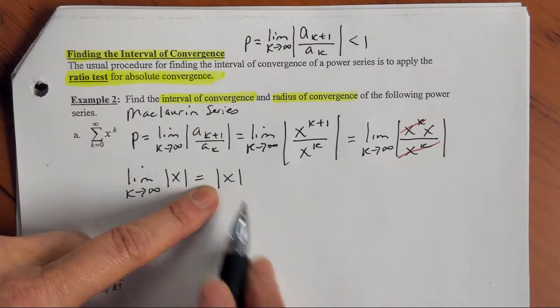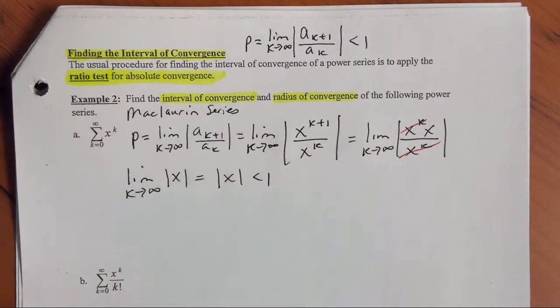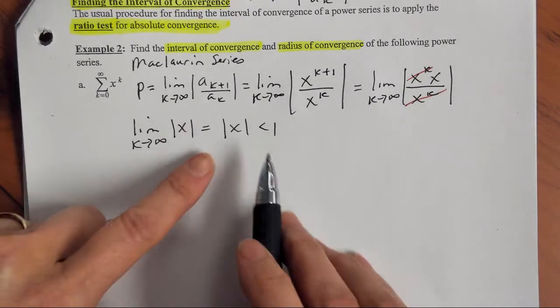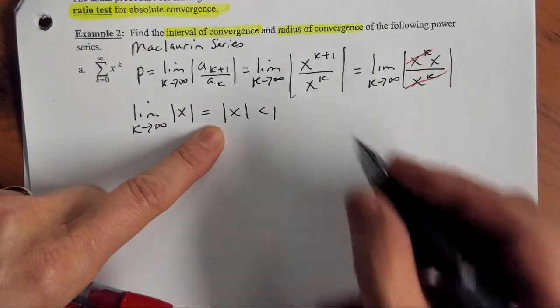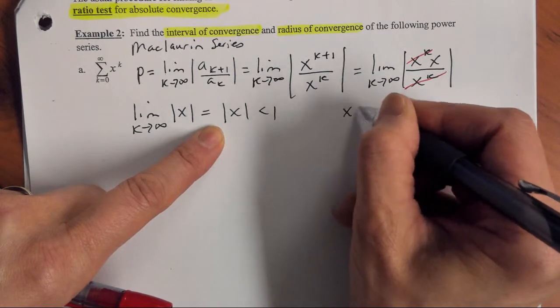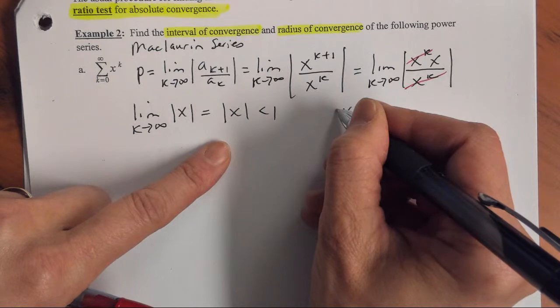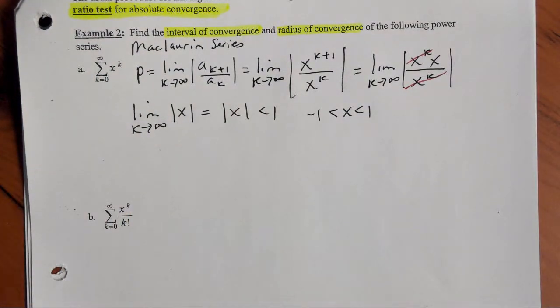How do I force this to converge? Make it what? Yes, less than 1. Okay, so I make it less than 1, and then at this point I'm going to now write it as an actual interval without the absolute value. So it's going to be, x is going to be less than 1, or it will be greater than a negative 1. All right, so it lies in between those two things.